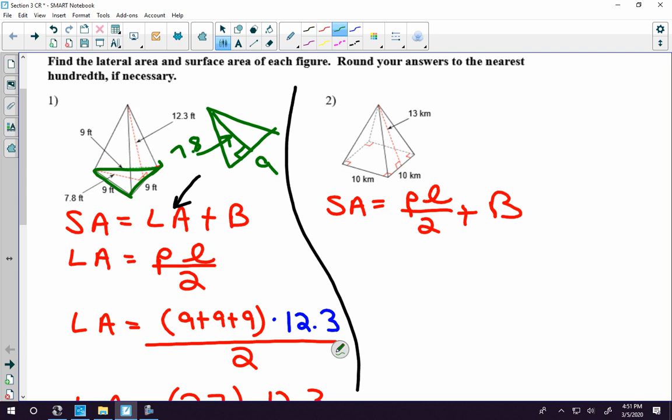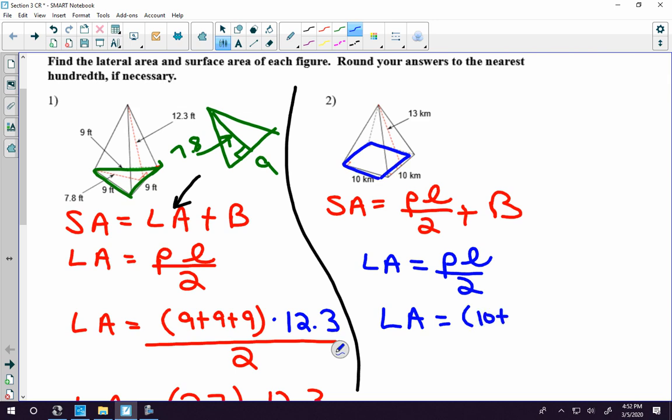Okay, let's start out with finding the lateral area portion of the surface area. So our perimeter of the base times the slant height over 2. The perimeter of the base is going to be 10 plus 10 plus 10 plus 10, or 4 times 10, be faster, times the slant height.